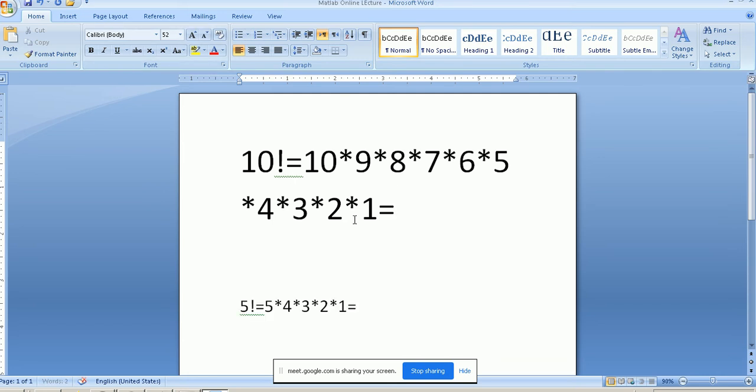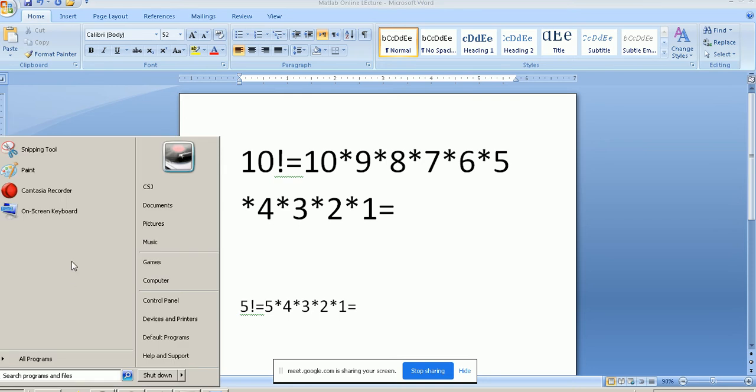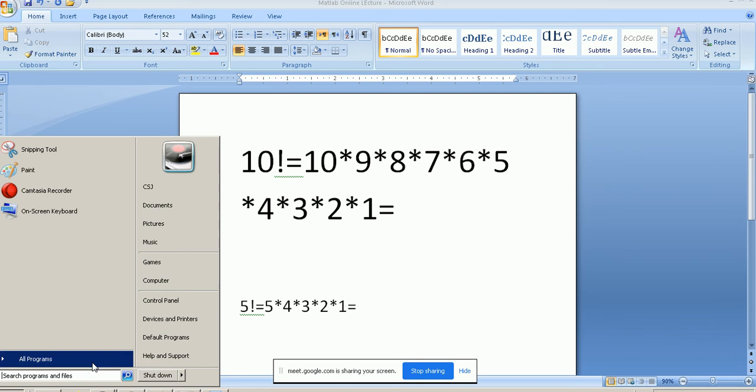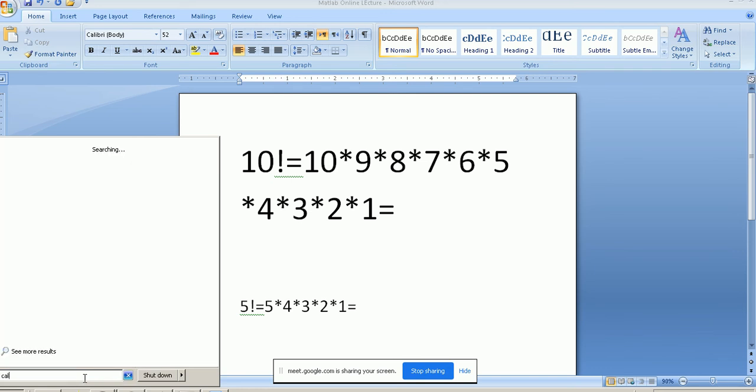This is 10 factorial. In Arabic we call it مضروب al-ashra. So you just go down by 10, 9, 8, 7, 6, 5, 4, 3, 2, 1, and we find the result. Another option is using a calculator. If we don't have a calculator, we just type it here. I find it.